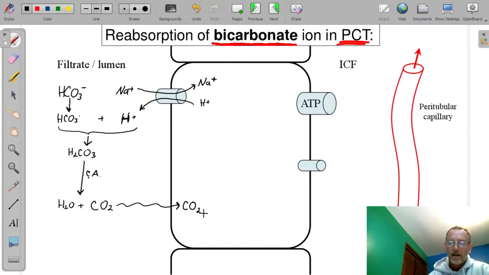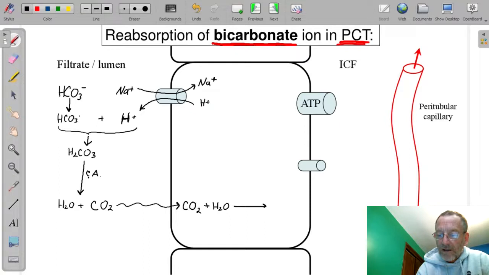Well, there is no bicarbonate in the cell, but we have the CO2 in the cell. So again, it combines with water. And in the presence of carbonic anhydrase, which is also inside the cell, that produces the carbonic acid, which then splits.